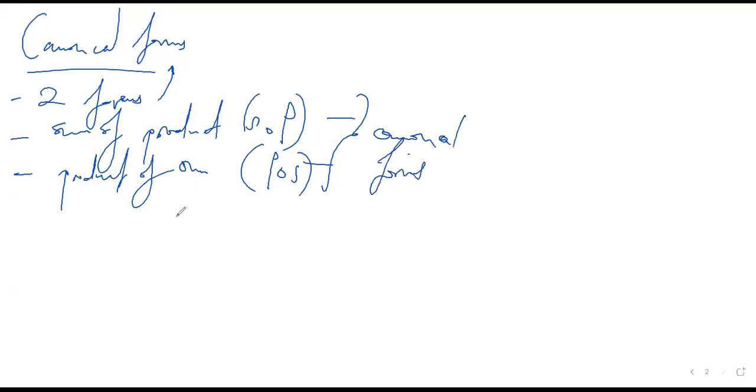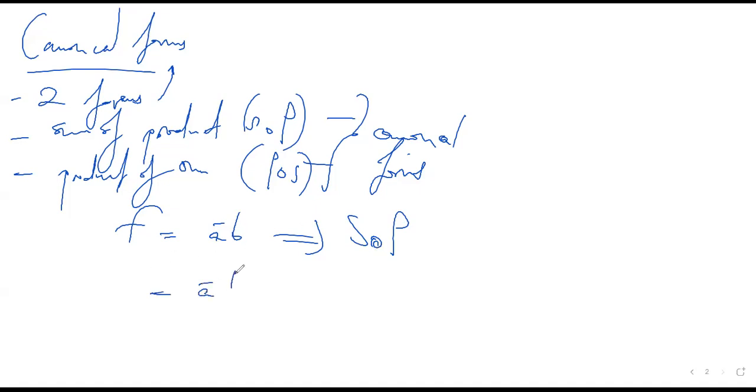All right, quick example. The function I just gave you, a bar b, is an SOP function. Why? Because it has a product in it. Maybe not a sum, but it has a product.